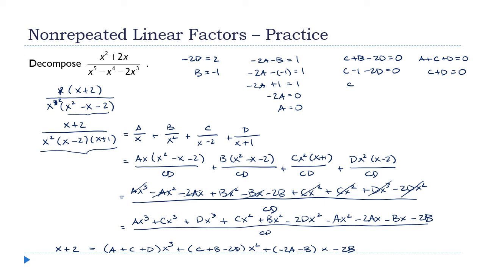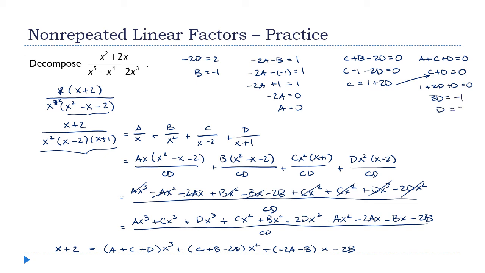So C, okay, time out. I got a system of equations here now, right? I've got something with C's and D's and something with C's and D's. I need to solve this. I'm thinking substitution. So I'm going to go ahead and solve this equation for C. This is C equals 1 plus 2d. Now let's substitute that into the other one. 1 plus 2d plus d equals 0. 3d equals negative 1.